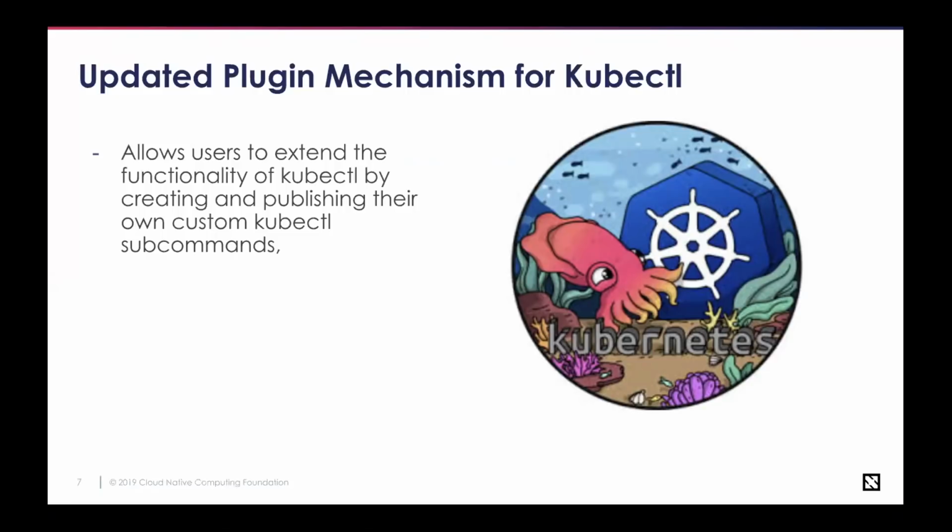But this enhancement specifically is building on the theme of extensibility that we've seen in the past few Kubernetes releases. So it's helping to extend some of the functionality of kubectl by allowing users to create and publish their own kubectl subcommands.